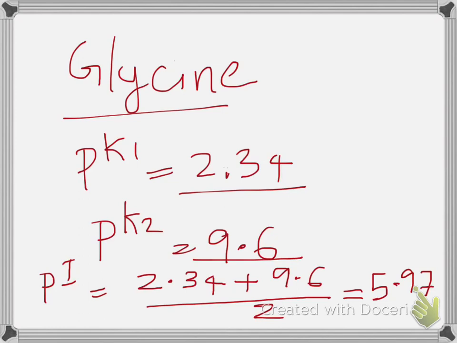So the Pi of glycine is 5.97. So at this pH, or at this Pi value, the glycine molecule will not move either to the cathode or to the anode. This particular point is known as the isoelectric point. So the isoelectric point is a particular point at which the zwitterion molecule will not move either to the cathode or to the anode. This is about the isoelectric point.